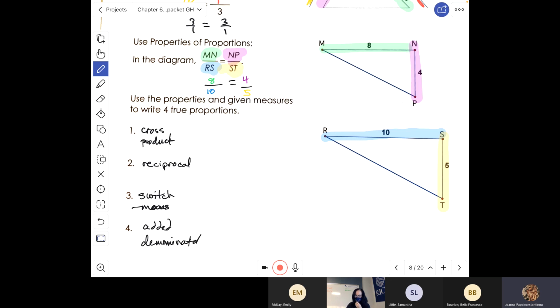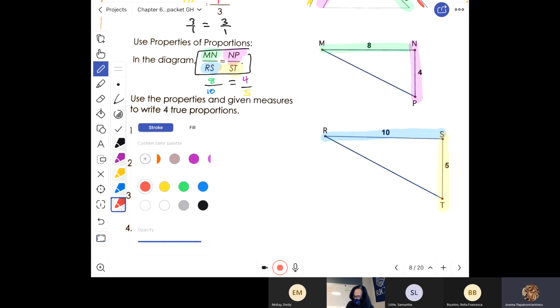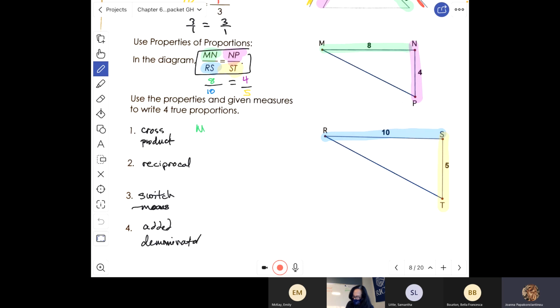So for the cross product, I'm saying that MN, so I'm using this here, MN times ST, so MN was 8, times ST, which was 5, equals what?